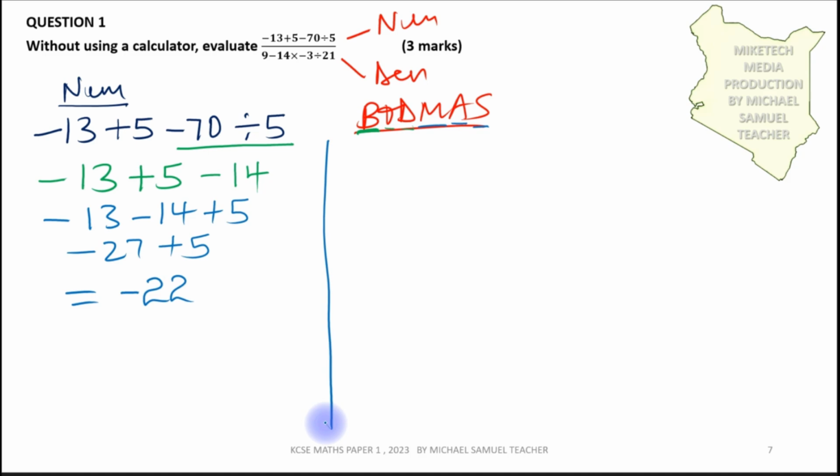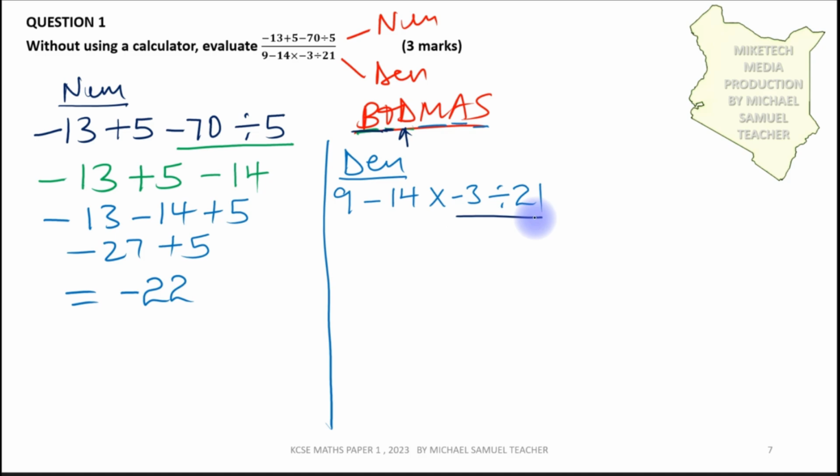Then we look at the denominator part. For the denominator we have 9 minus 14 times minus 3 divided by 21. We do the same way. There is no bracket, there is no of, there is division.